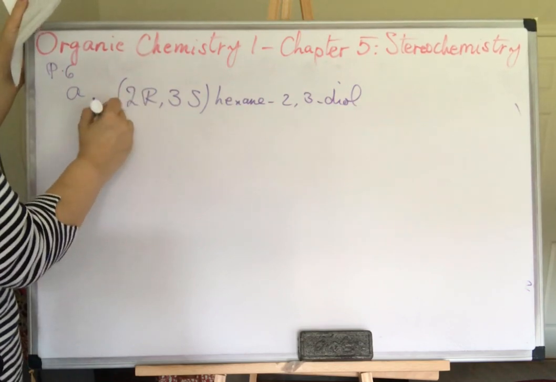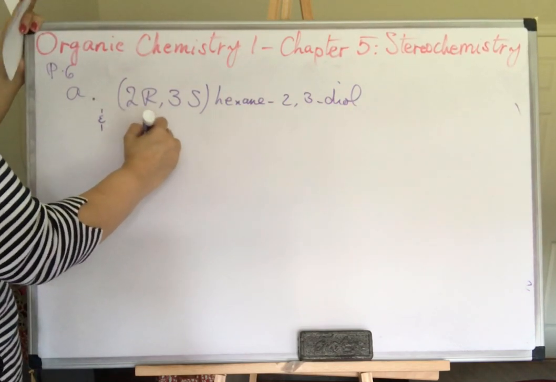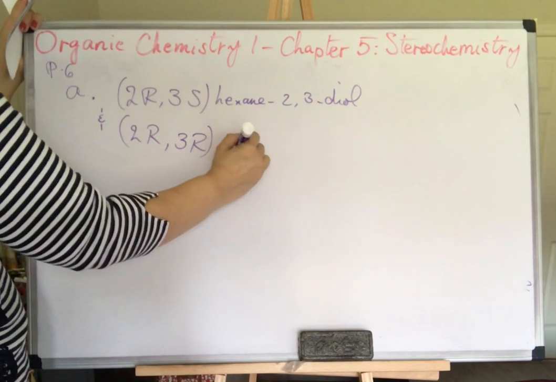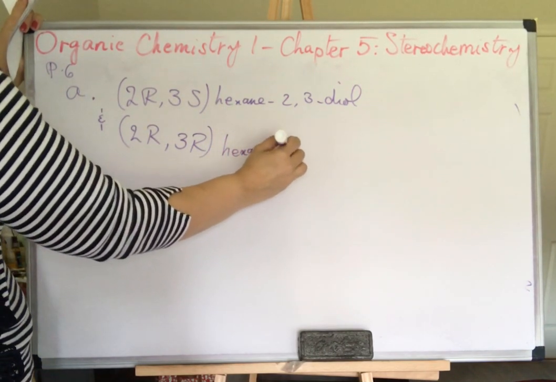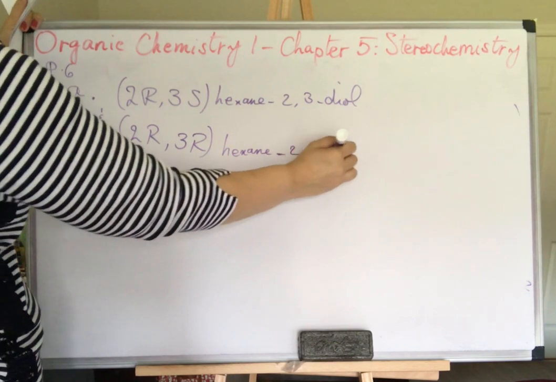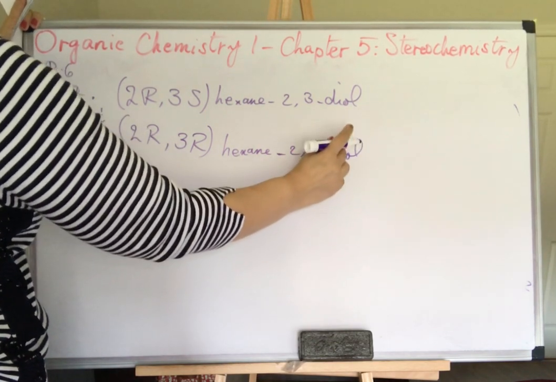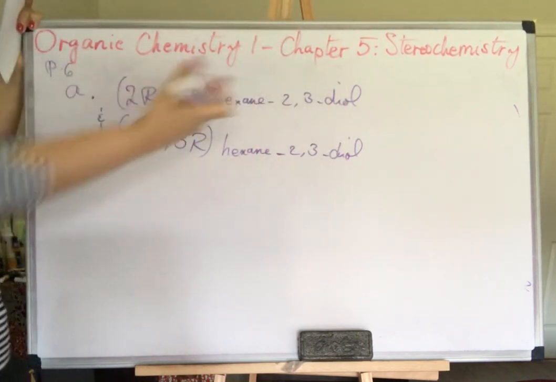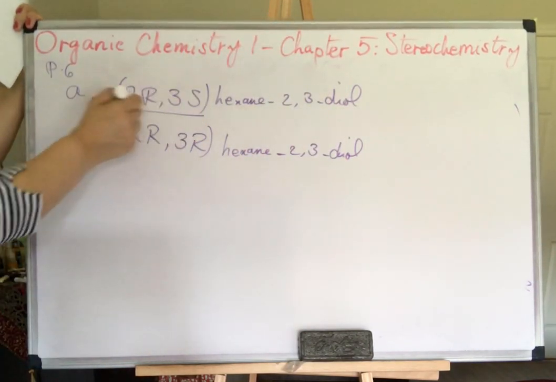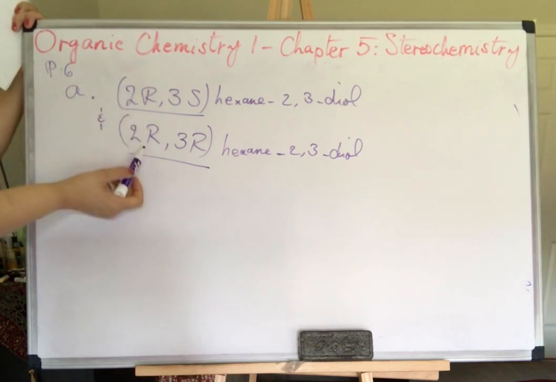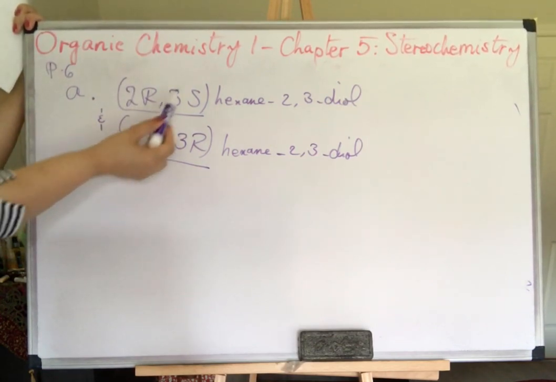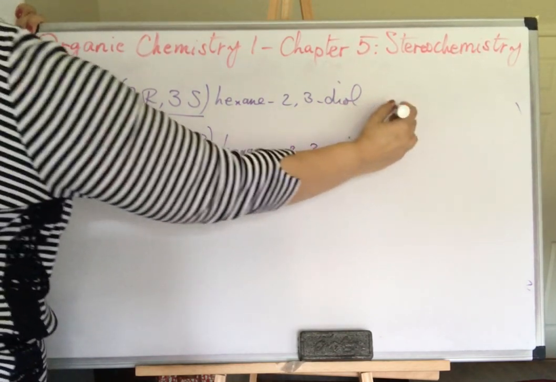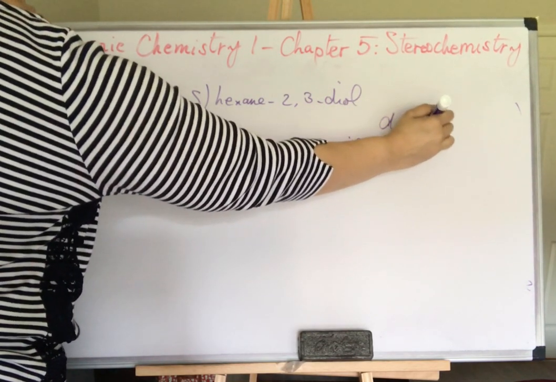And the second one is 2R, 3R, hexane, 2 and 3 diol. So we just briefly scanned the name to make sure we're talking about the same compound. But what we mean is here, you see the first one hasn't changed, but the second one has changed. Means they are not mirror images of each other, so they are diastereomers.